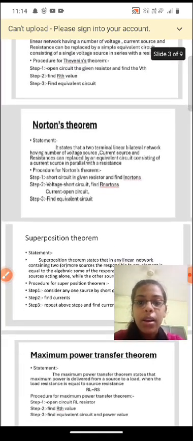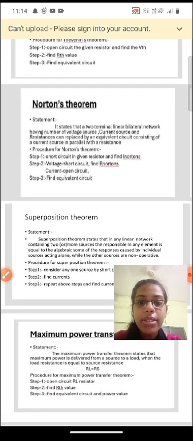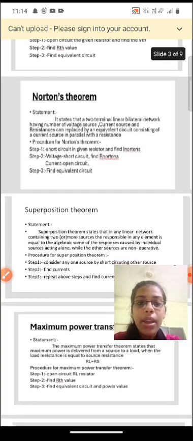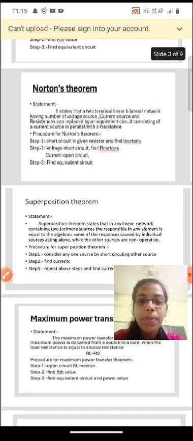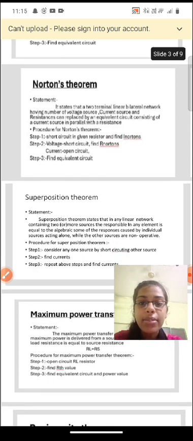Next one is Norton's theorem. Norton's theorem states that a two-terminal linear bilateral network having a number of voltage sources, current sources, and resistances can be replaced by an equivalent circuit consisting of a current source in parallel with a resistance.